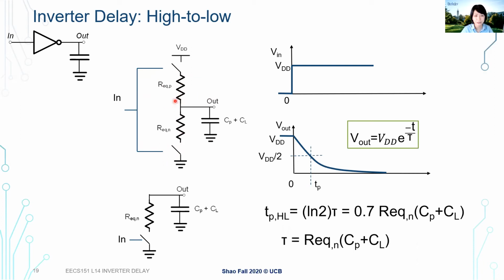We have 2 switches and resistors to represent the resistance of our PMOS and the resistance of our NMOS. When we talk about delay, the output will be driving either another gate or some other circuit function. It could be an inverter or some other gate. So whenever we talk about output, we also consider the load capacitance, which is the capacitance of the load itself.